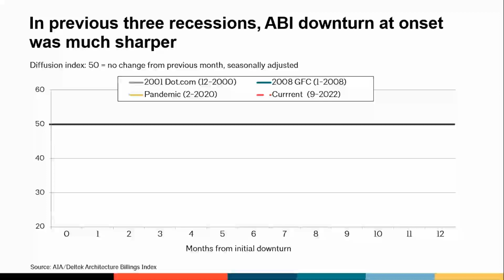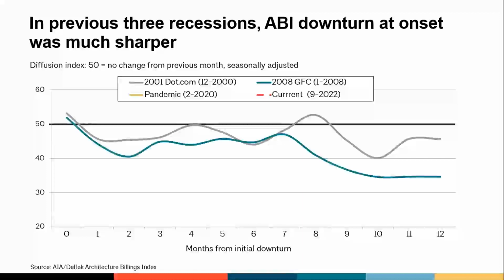And we're not anywhere near that. Then the dot-com crash, which architecture, as I mentioned, is that precursor to the economic downturn. When we started to see the decrease, we saw it continue to decrease in the dot-com, but relatively stable.